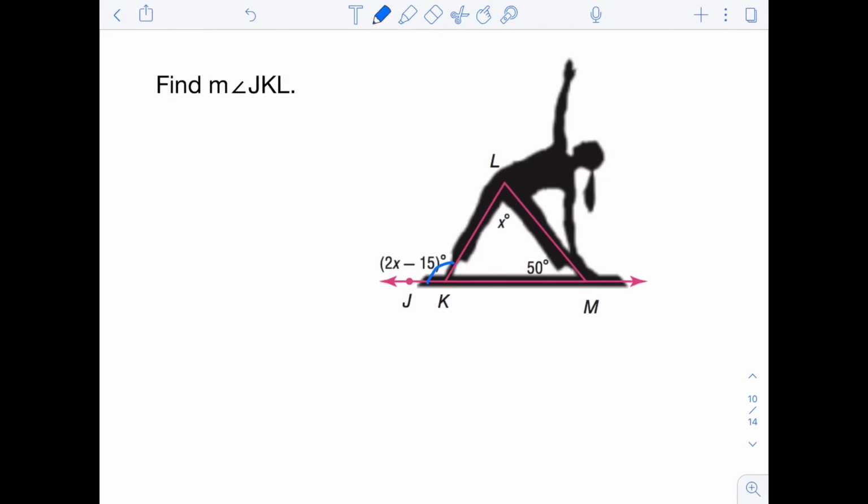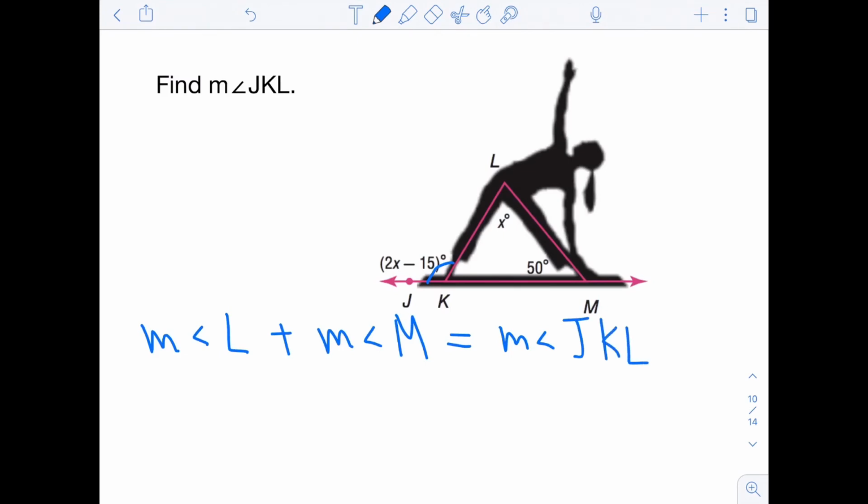So the exterior angle theorem tells us that the measure of angle L right here plus the measure of angle M right there is going to equal the measure of angle JKL, which is the angle we want to find. Because remember, the two non-adjacent interior angles is going to equal one of the exterior angles right there.